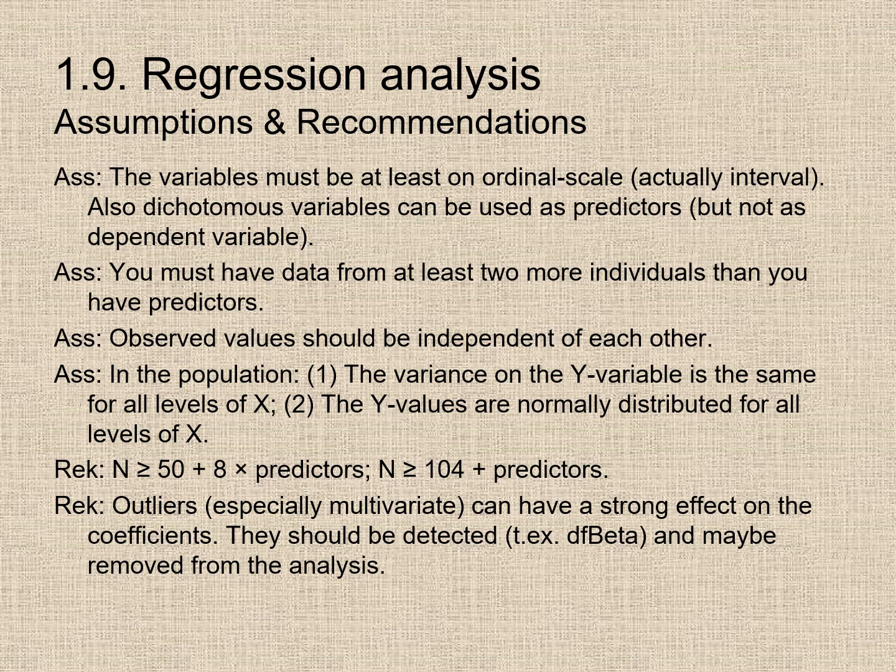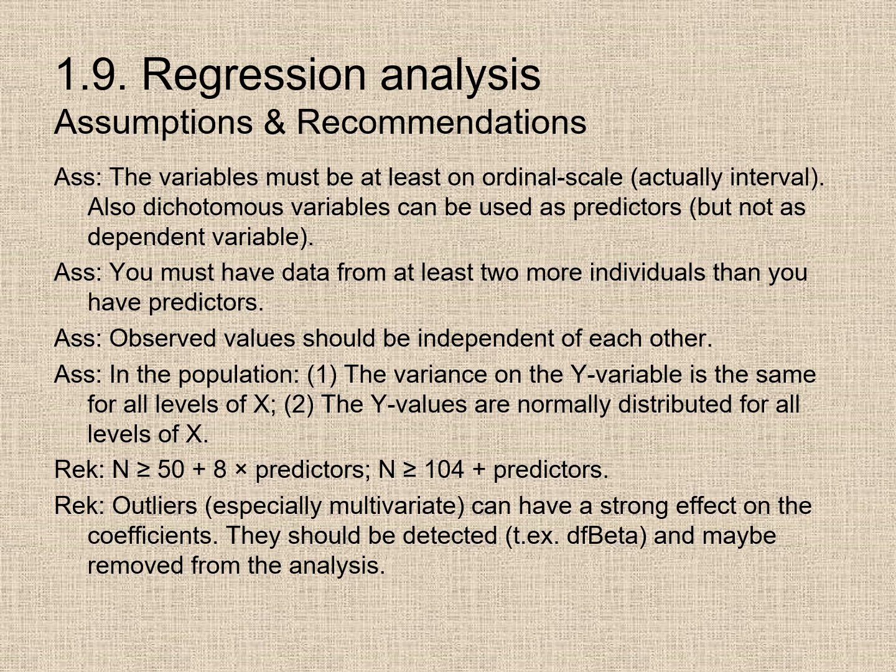For instance, if our dependent variable is life satisfaction and we have a few married couples in our data set, of course one spouse's value on life satisfaction might have a relation with the other spouse's value on life satisfaction. And that's not good for the analysis. It assumes that the values are independent of each other.